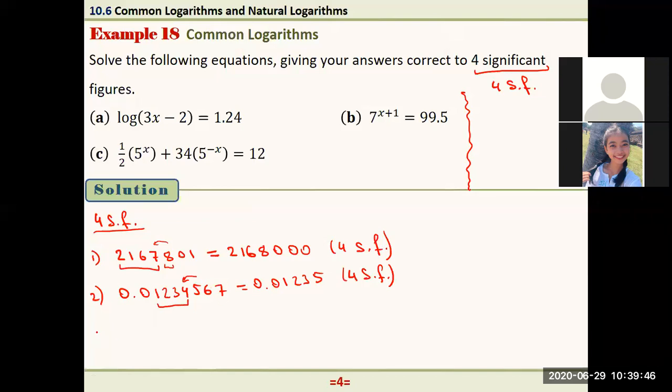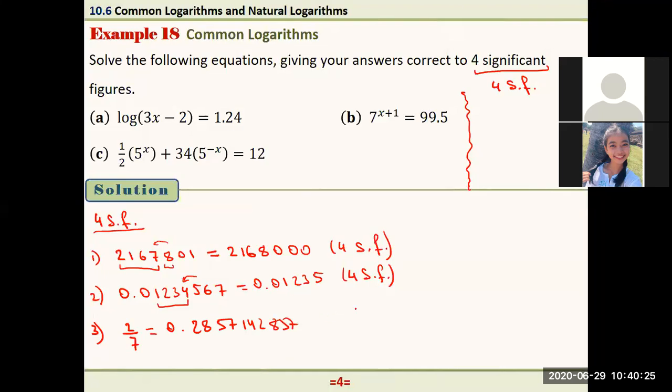Okay, and one more example. Let's say you are just dividing something, for example, 2 over 7. When you divide 2 by 7, what do we get here? The answer is 0.2857142857857, and it continues.